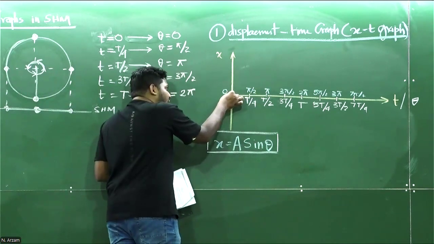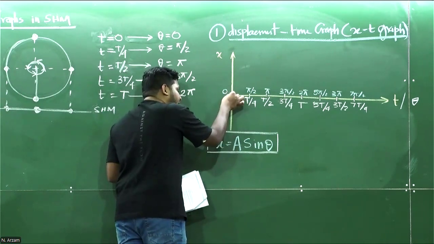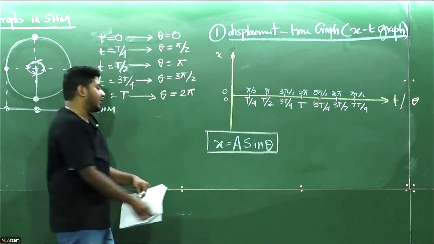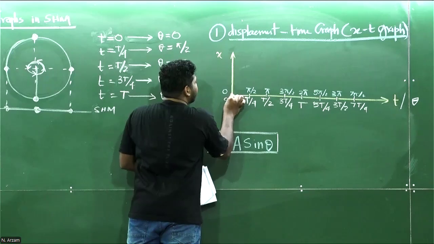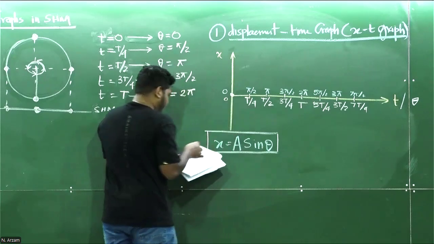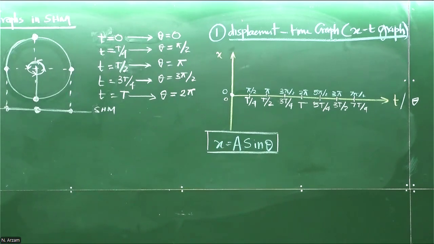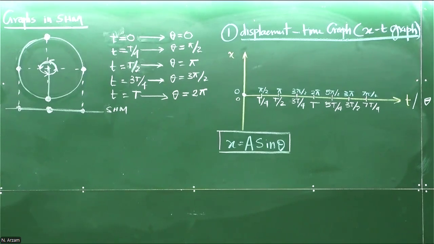Before that one, what about this one? At t equal to naught, the angle theta is equal to 0. So sine 0 is equal to what? 0. So x is equal to a into 0. The value is 0. So this is the first point.